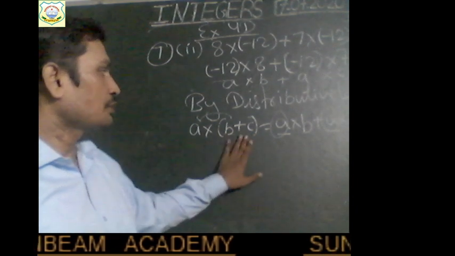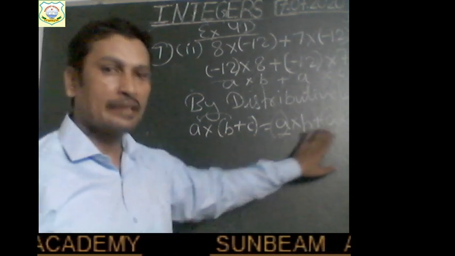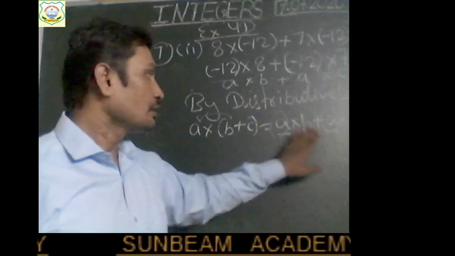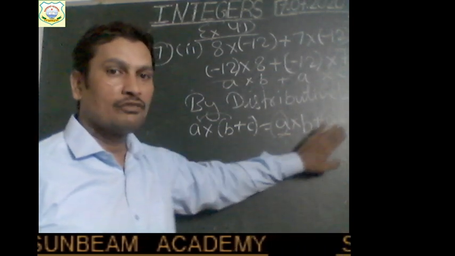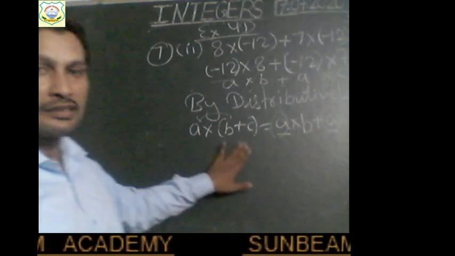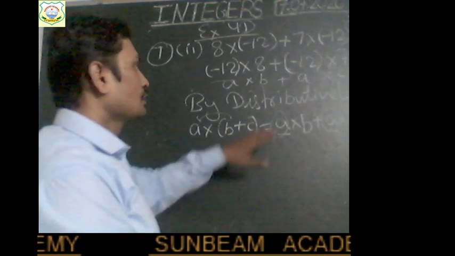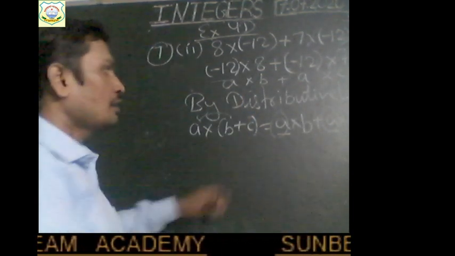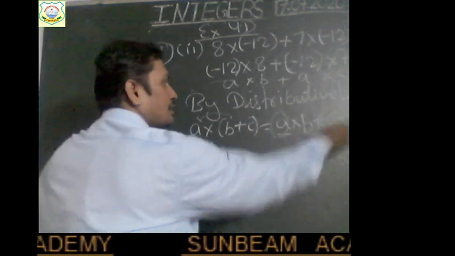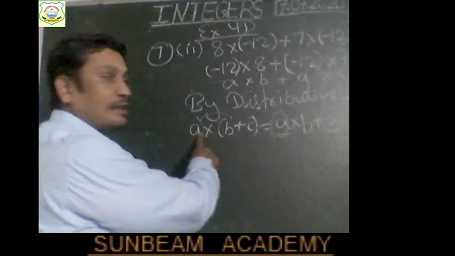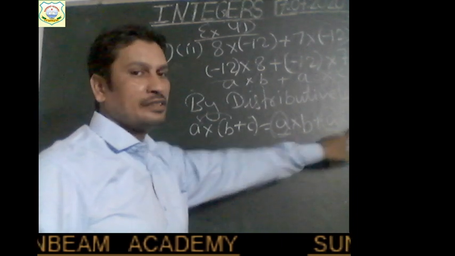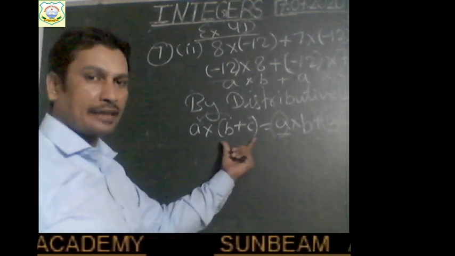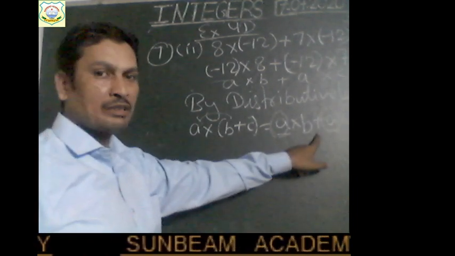So a into b plus a into c will be equal to a into b plus c. So as per the formula, this common integer a should be written outside and the remaining integers b and c must be written inside the bracket, and there is a plus sign between both the products.